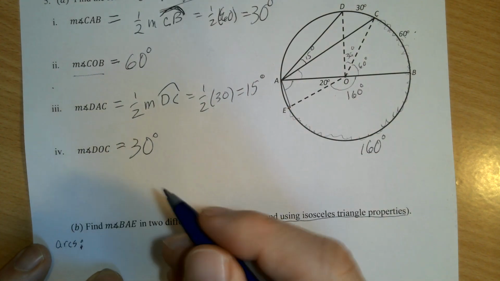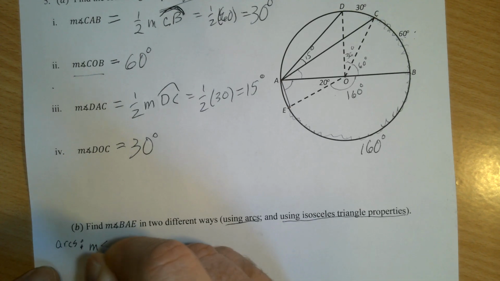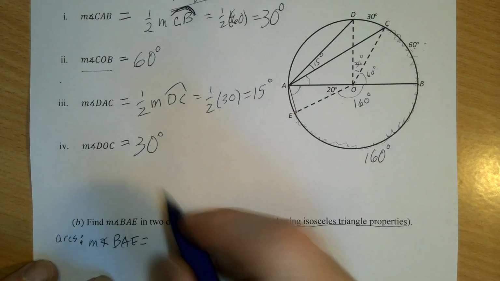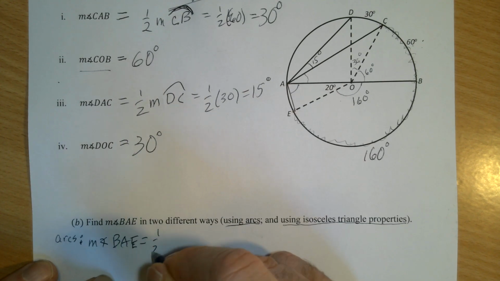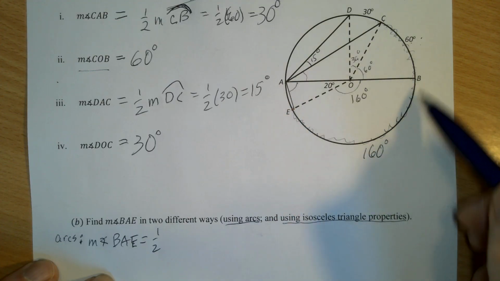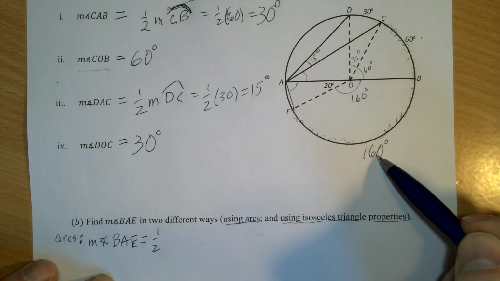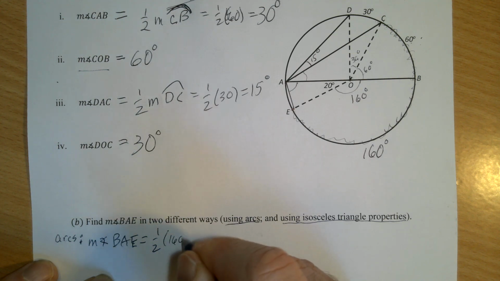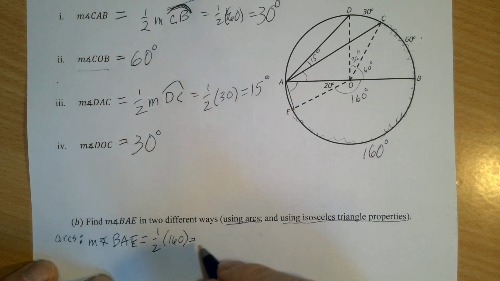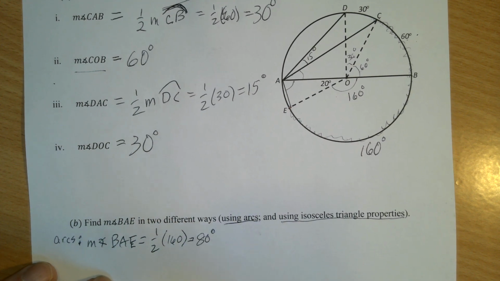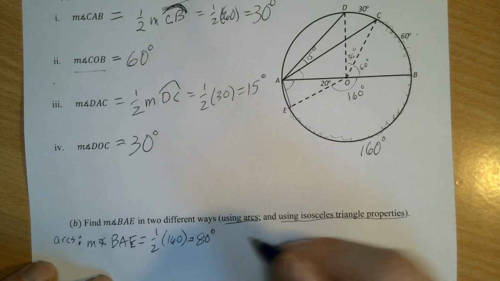So the measure of angle BAE is equal to 1/2 of the measure of the central angle, or the intercepted arc, which is 160 degrees. So 1/2 of 160 equals 80 degrees. Okay, now the other method is going to be using isosceles triangle properties.